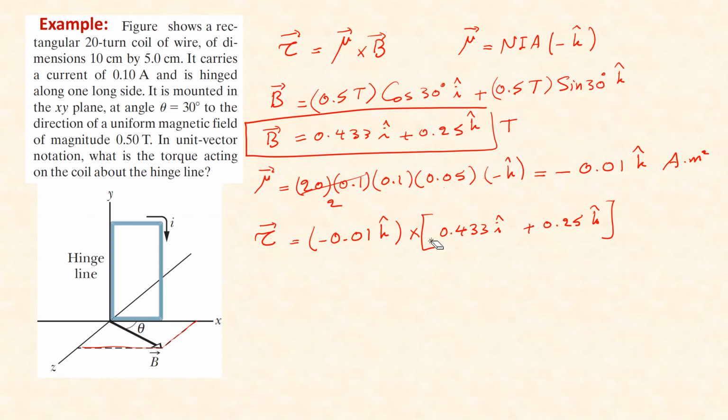All right, now if I want to do this, you see k hat cross k hat is 0. I don't need to do that. And the other one, k hat cross i hat, is what? K cross I is j, right? We have a negative sign, so it becomes negative j hat.